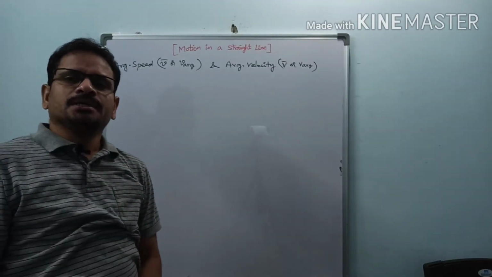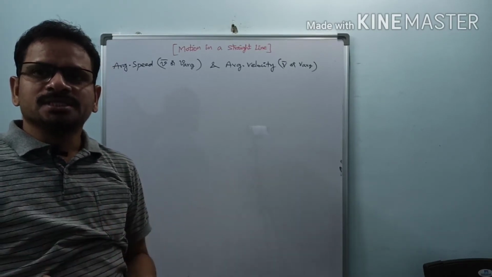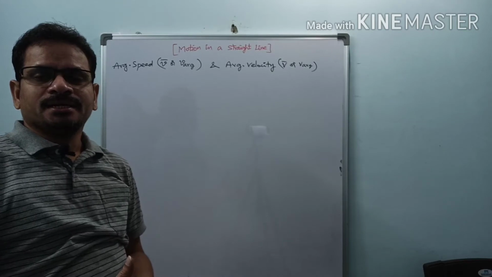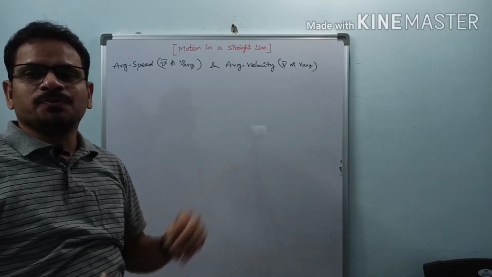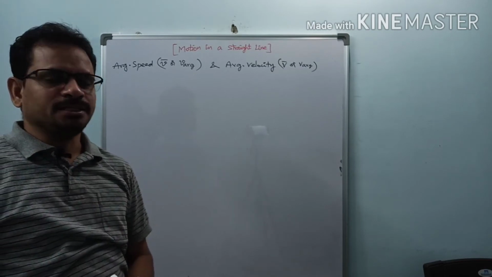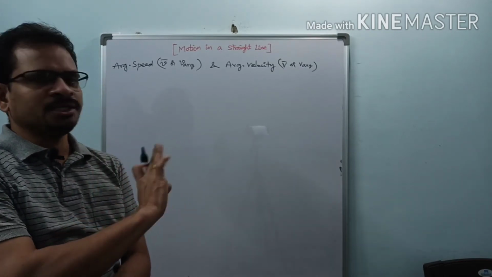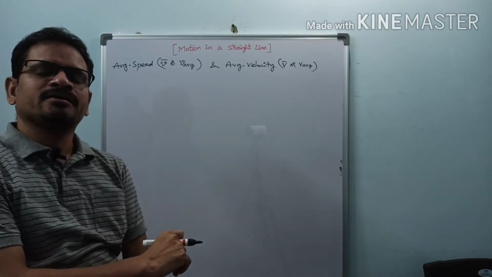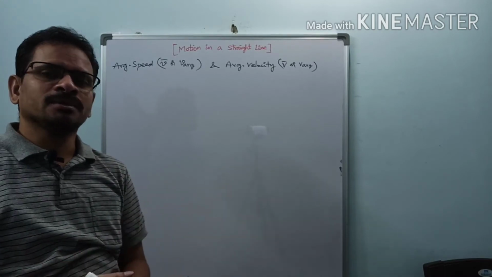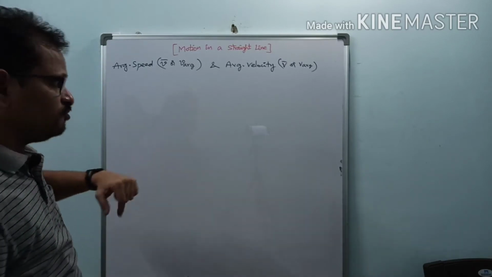One is the conceptual definition that gives us an imaginative idea of what average speed is, and for solving problems we will require a mathematical equation. I will give both for these two.